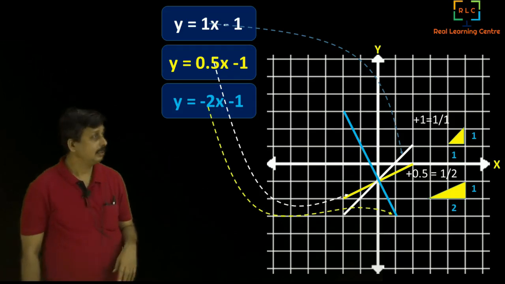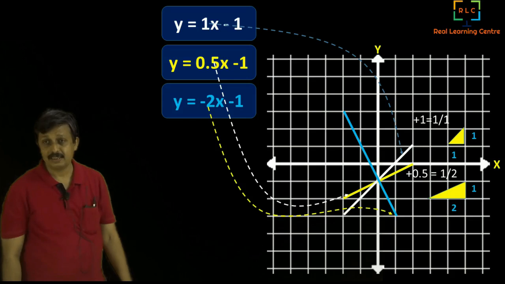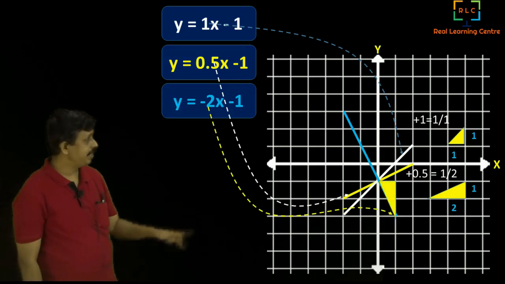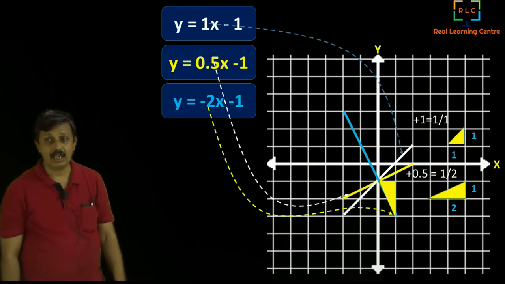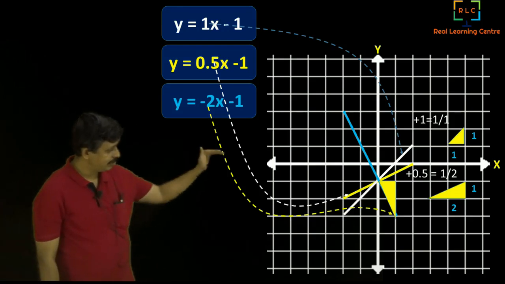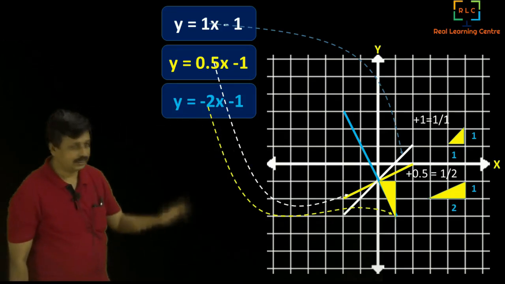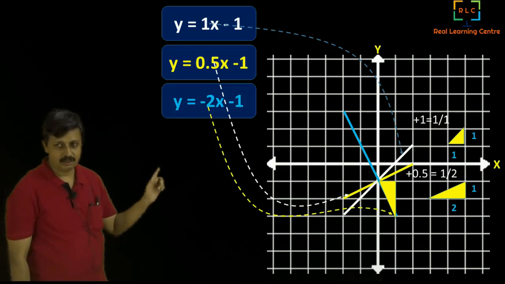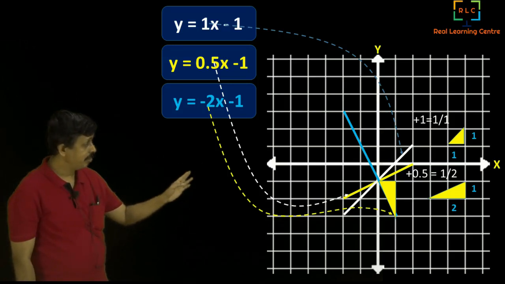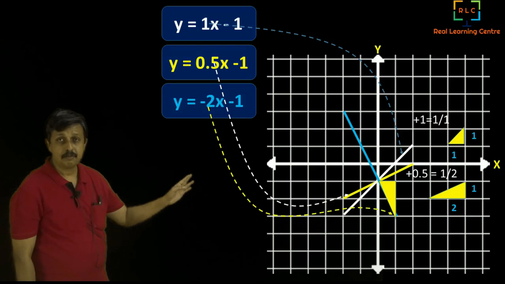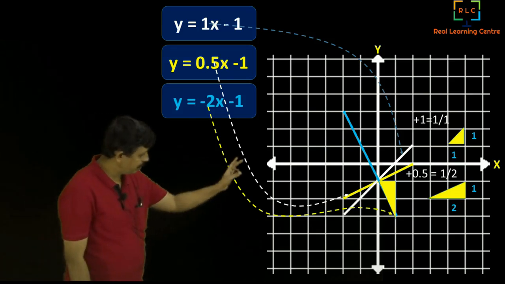So let us see. When you draw the line like this, for the blue one I am going to take it like this. I always go right first and then down, right first and up like that. So the x we always go first to make this triangle. Now this triangle has an x direction and a y direction.